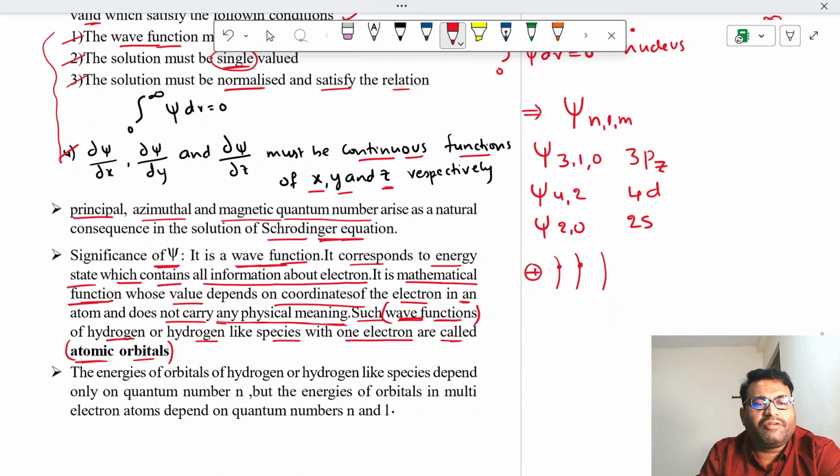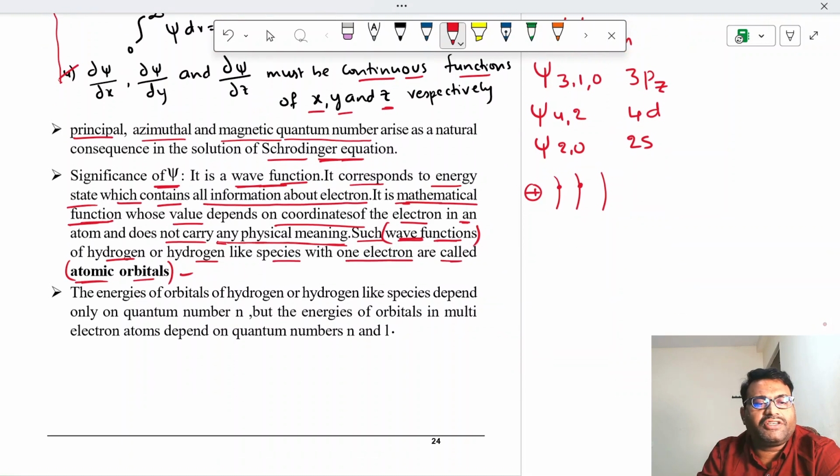It corresponds to an energy state which contains all information about the electron. It is just a mathematical function whose value depends upon the coordinates of the electron in an atom and does not carry any physical meaning. And those wave functions of hydrogen or hydrogen-like species with one electron are called atomic orbitals.